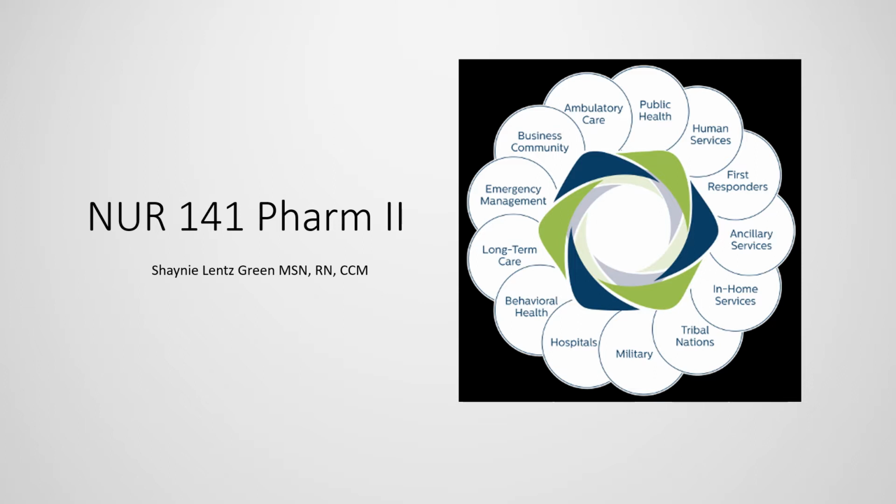So that's very important. First responders: ambulance, fire, police. So it's just giving you the circle of all the services that need to have some degree of communication between them.